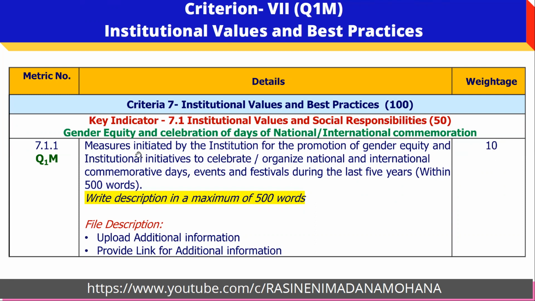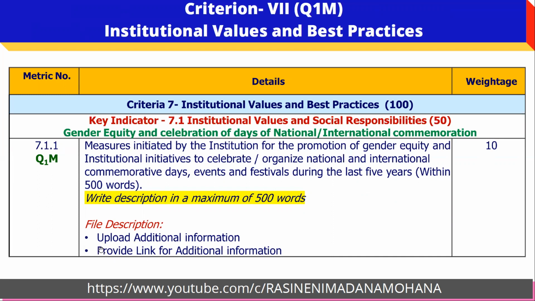The metric is measures initiated by the institution for the promotion of gender equity and institutional initiatives to celebrate or organize national and international commemorative days, events and festivals during the last 5 years. So for this, we can provide a write-up within 500 words.